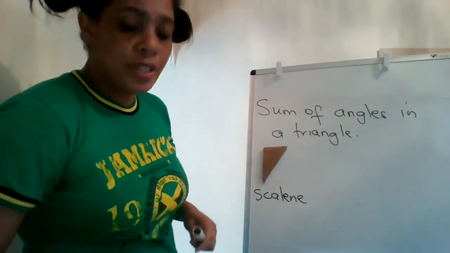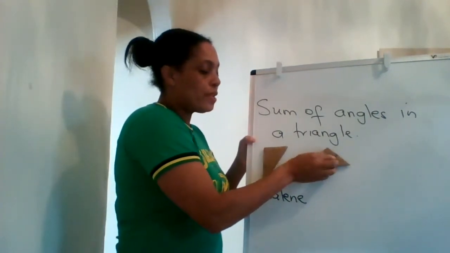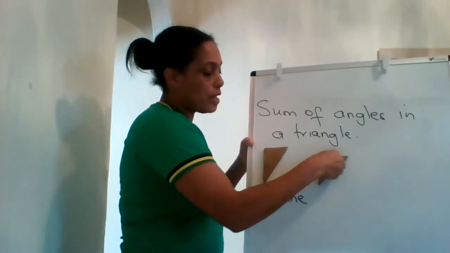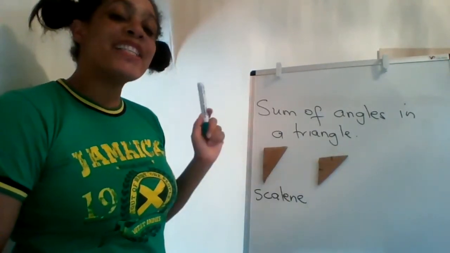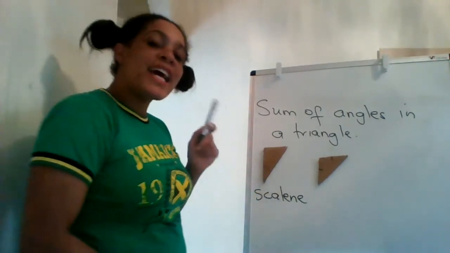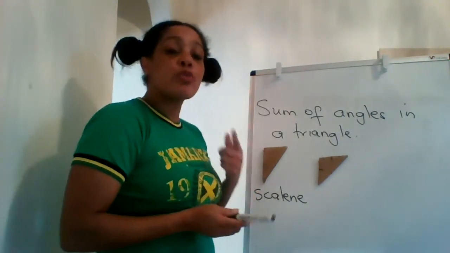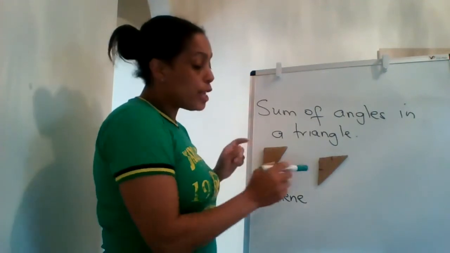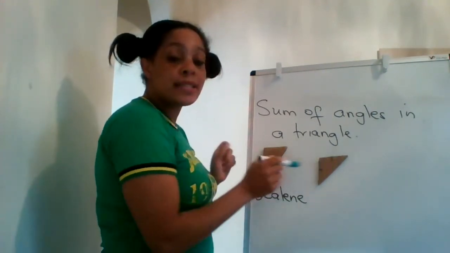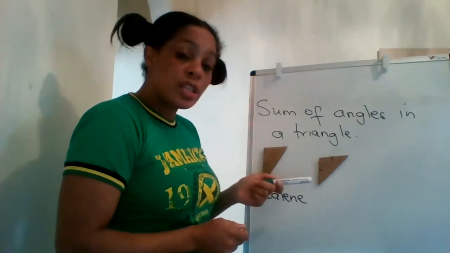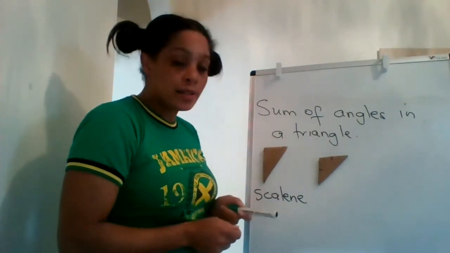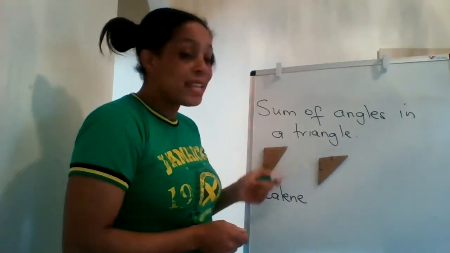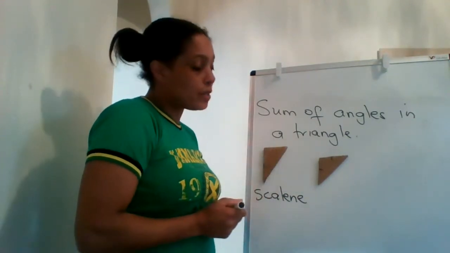Then we have another type. We have this type, doesn't matter how we turn it, that type there. And this is what we call an isosceles triangle. An isosceles triangle is usually recognized by the 2 lines on the 2 sides that are equal. Because in an isosceles triangle, you have 2 sides that are equal and 2 angles that are equal.